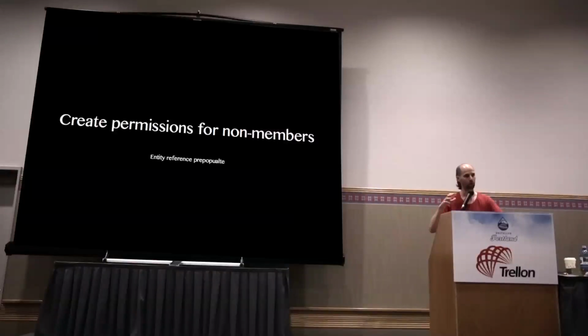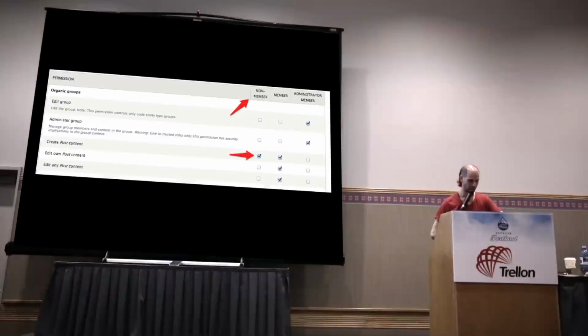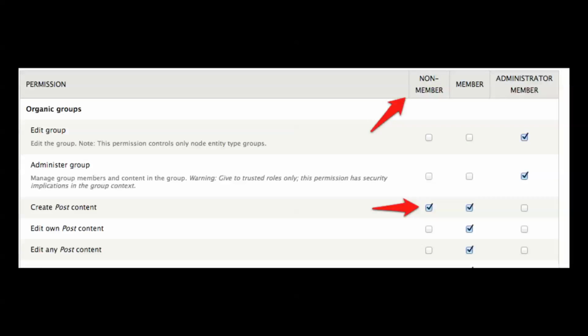But this is now also part of OG itself. Out of the box, you're able to have create permission, meaning create node permission for non-members, and this is using entity reference prepopulate. Up until now, we didn't have that, and every time people were asking me why we don't have it, I was saying because we don't have enough context, and I'd like to explain.